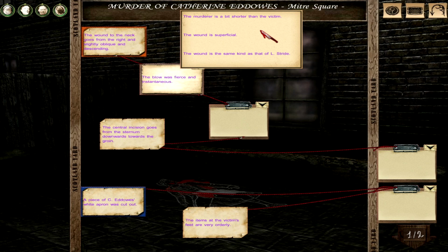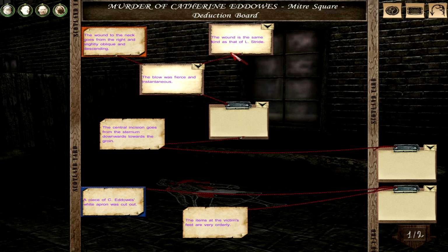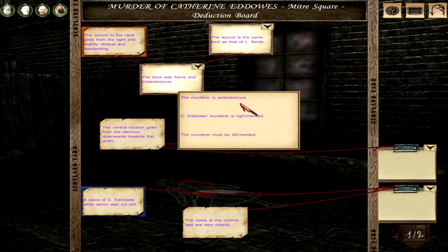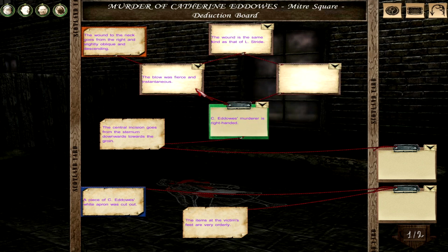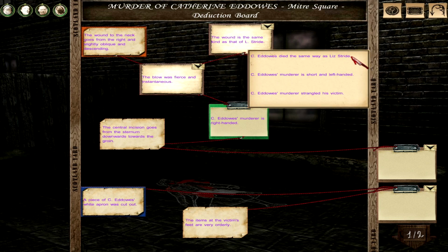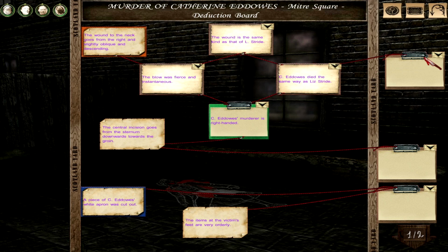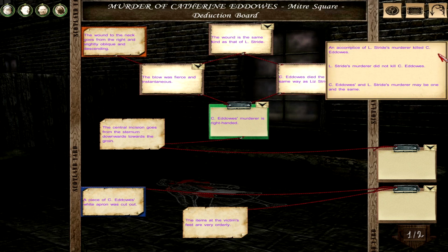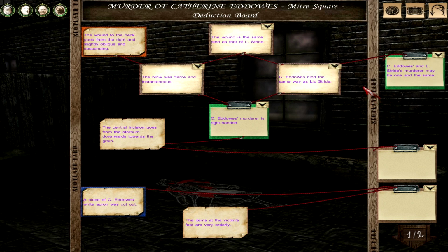The wound is the same as Stride's, so we know that. We definitely know it's right-handed. And we know that she died the same way as Liz. And we know that it could have been the same murderer. Yeah, that's all easy.